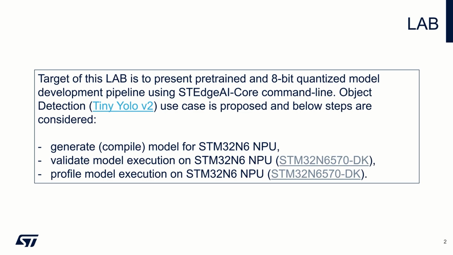In this case, we need real hardware, and it will be the STM32N6570-DK board, and finally profiling the model execution. So for example, see what is the real memory bandwidth using the same board.